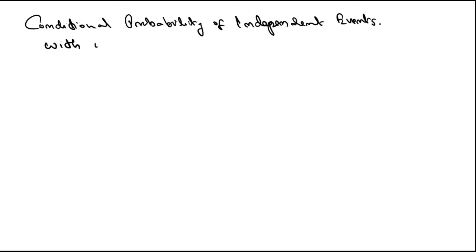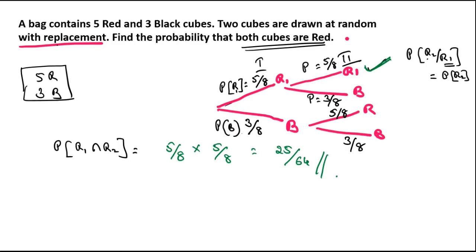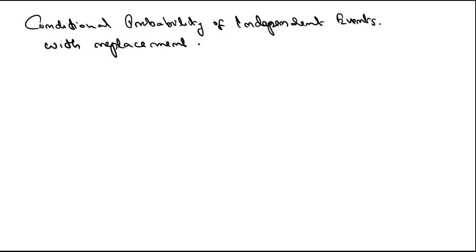Here we are already keeping back, so it's not affecting anything. So we say conditional probability of independent events, or with the replacement.